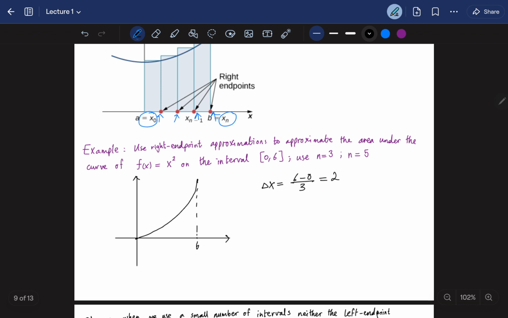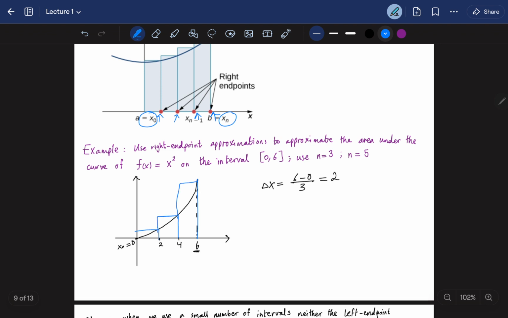We start at x equals 0, and just add 2 to these points until you get your x_n. So now, since we're doing a right endpoint approximation, I use my right endpoints and I draw vertical lines until I reach the curve, and then I just connect them to create rectangles.